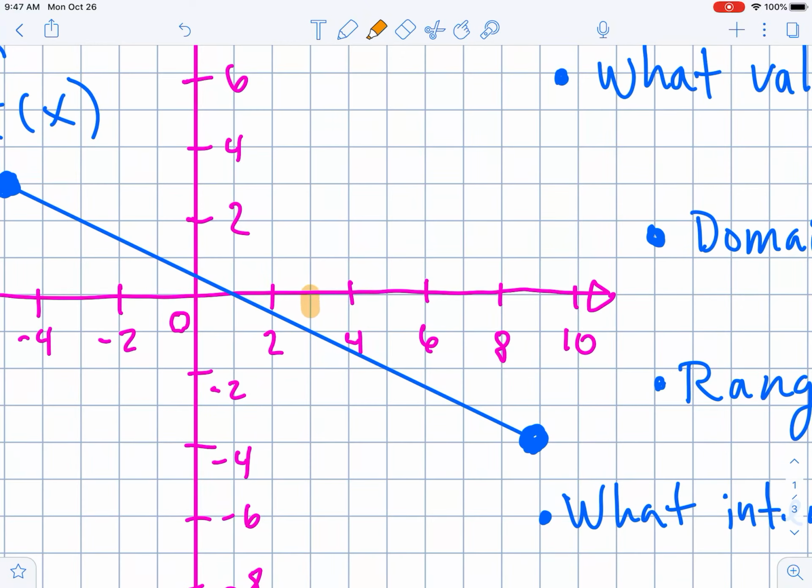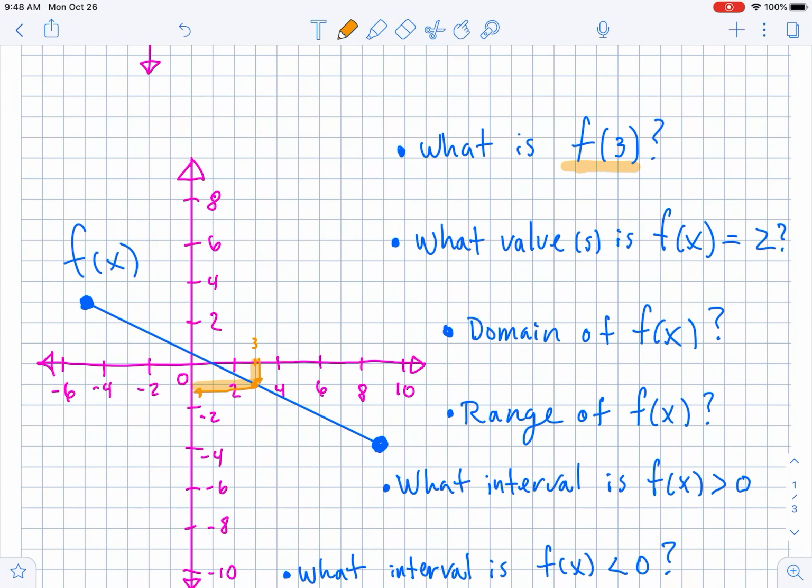If I count my tick marks, 1, 2, 3, that means right here is where 3 would be, and it touches the function at y equals -1. So once again, here's 3, and if I put that 3 into the function, this dot right here corresponds with -1. So that means f of 3 is equal to -1.